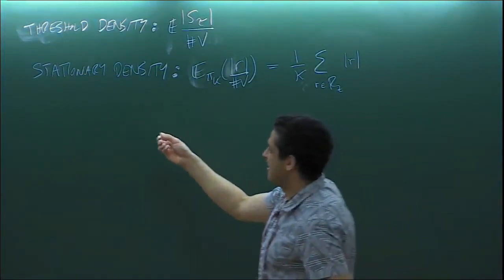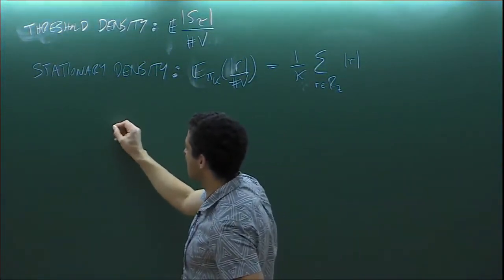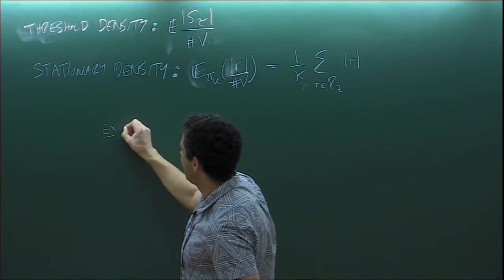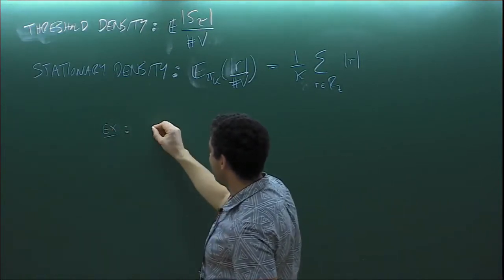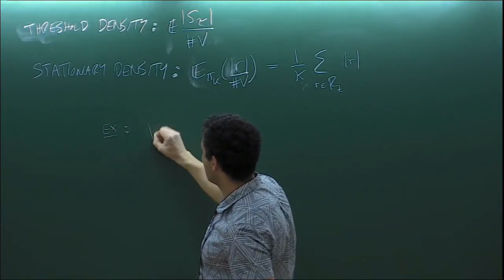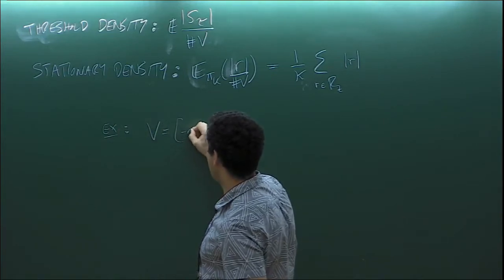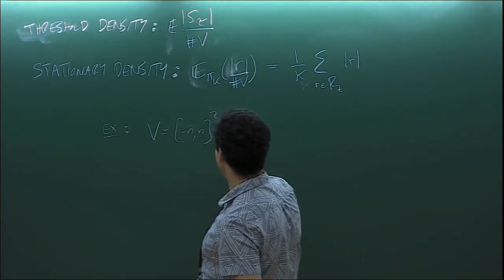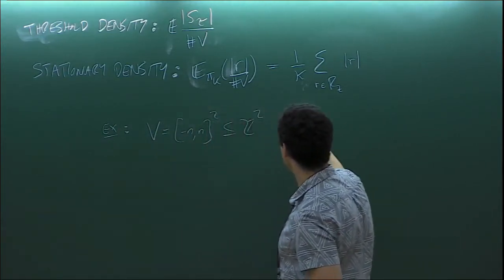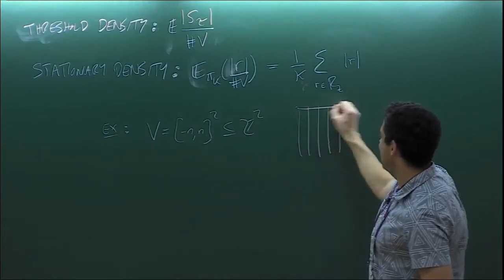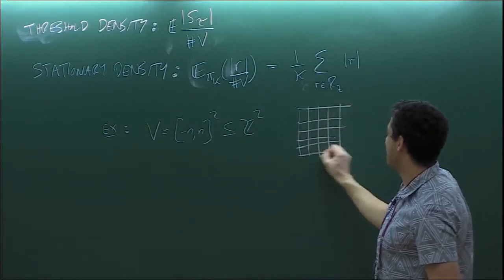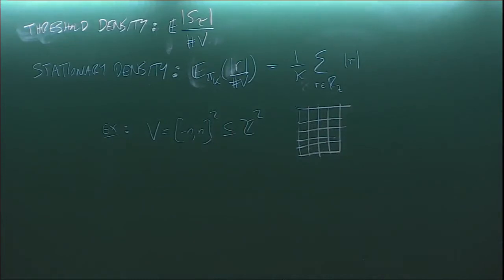So let me tell you the situation on Z2. For example, let's take our graph to be a box in a square grid. You've seen this square grid picture in possibly every talk so far.